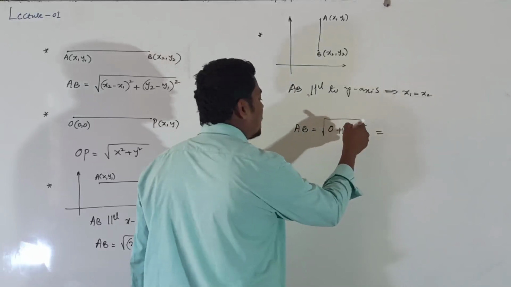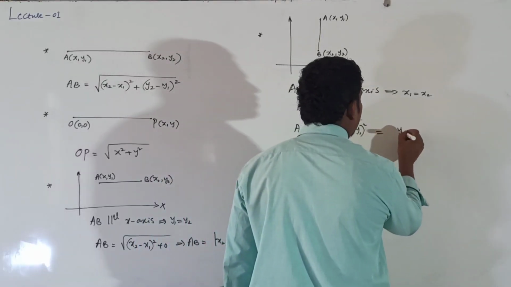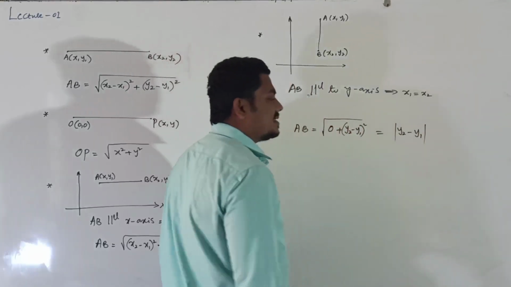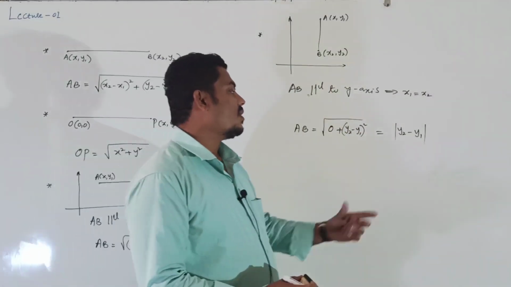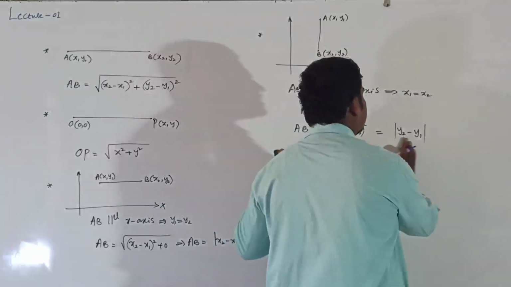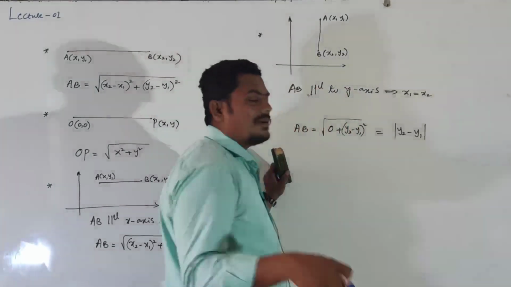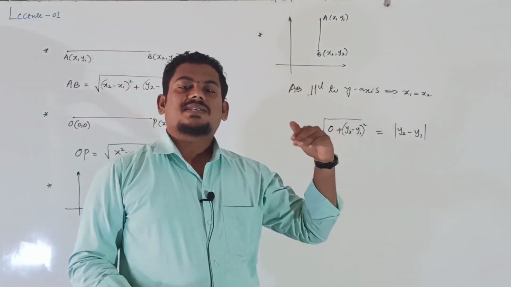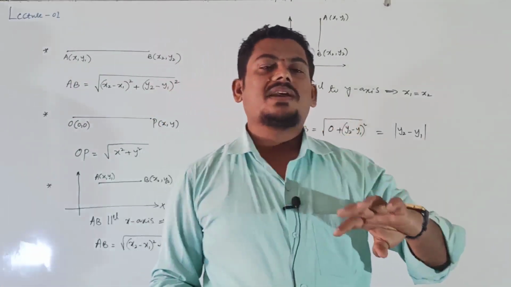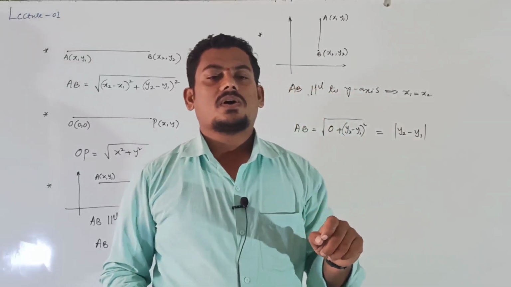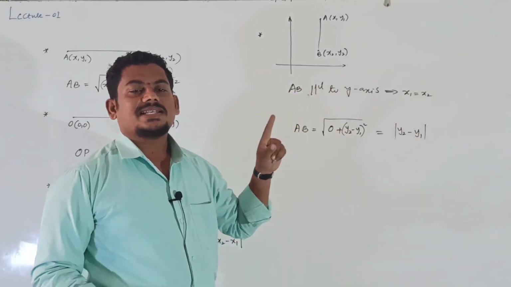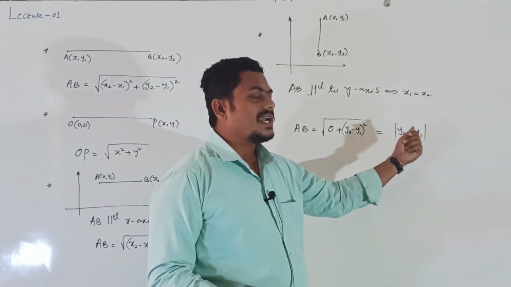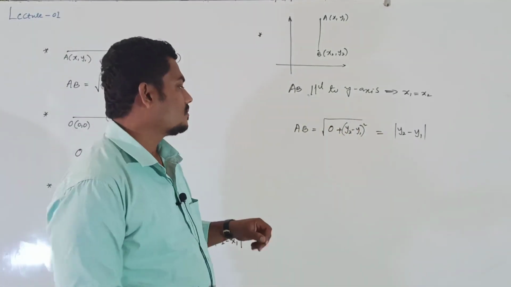In this case root and square will get cancelled, we get y2 minus y1. Because distance is positive, take modulus sign. Why? Because distance is always positive, it never is negative. Distance between A of x1 comma y1 and B of x2 comma y2 when AB line is parallel to y-axis is modulus of y2 minus y1, right?